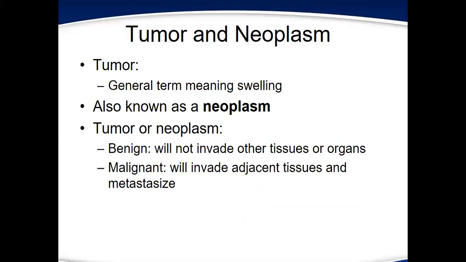But a tumor or neoplasm can either be benign, which will not invade any other tissue or organs of the body, although it may grow in size and become quite large. A malignant tumor or neoplasm does invade adjacent tissues and organs, and may metastasize or spread elsewhere in your body.